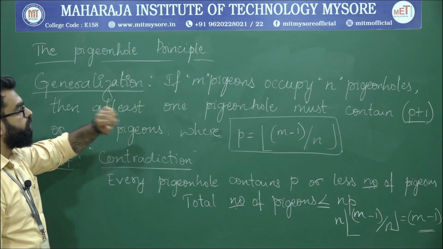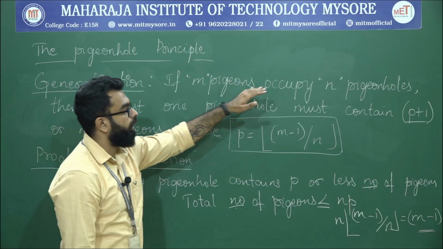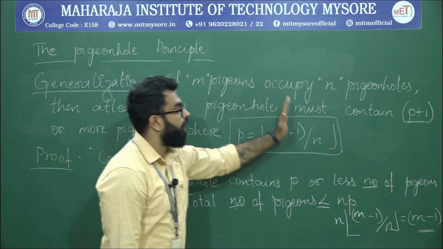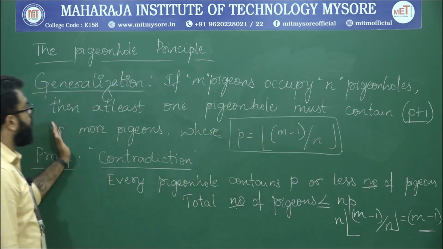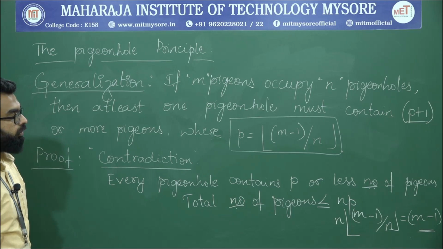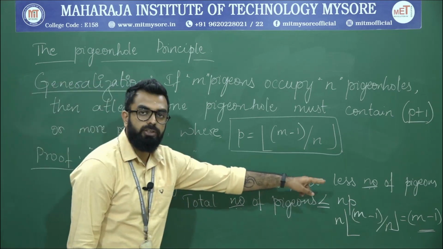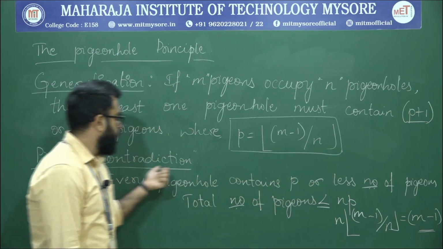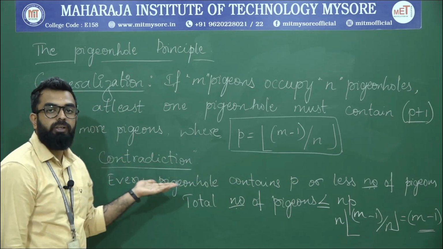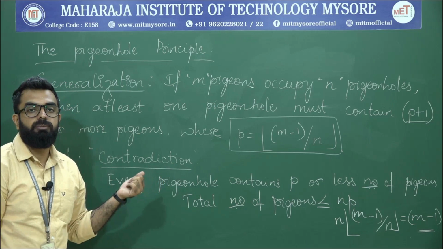That is, if m pigeons occupy n pigeonholes, where m is greater than n, then at least one pigeonhole must contain p plus 1 or more pigeons. Clear?